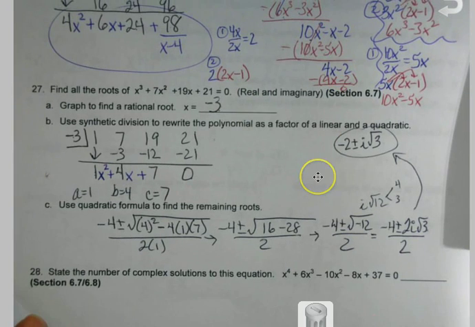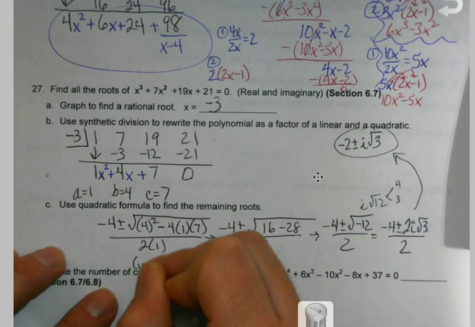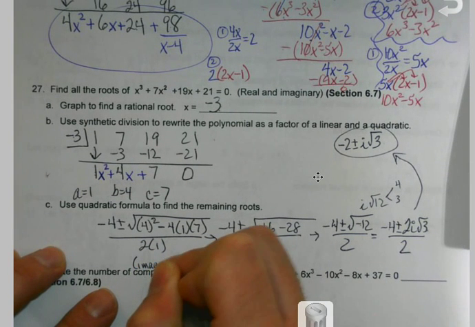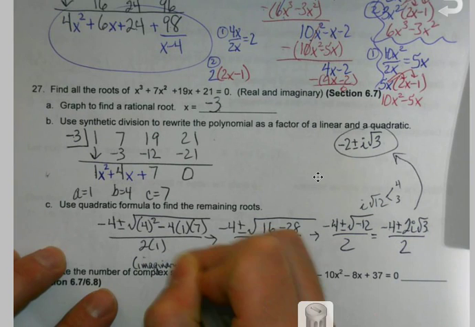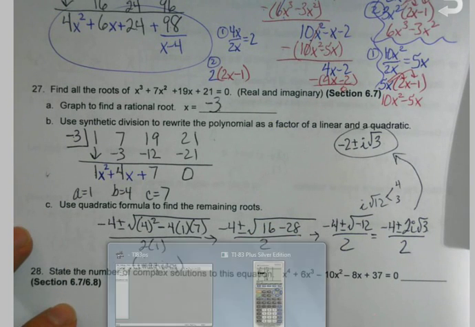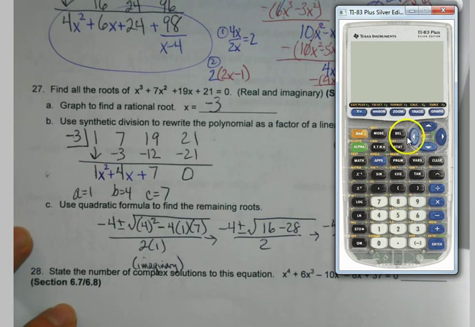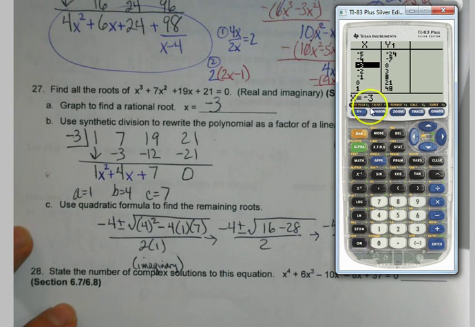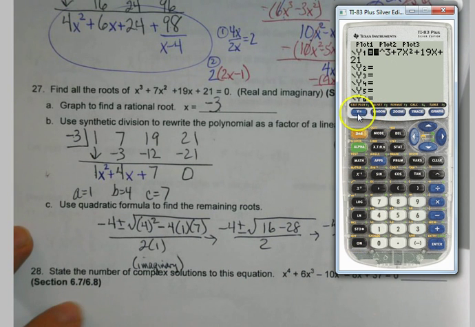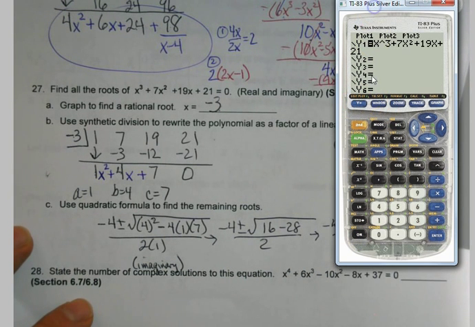State the number of complex, imaginary solutions to this equation. Okay. So I go ahead, turn this on, get my new expression in here. And as I've stated before, this is one of those tests that you need to have some expertise coming in.